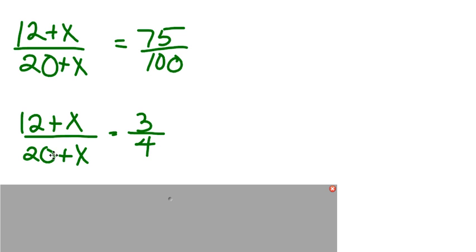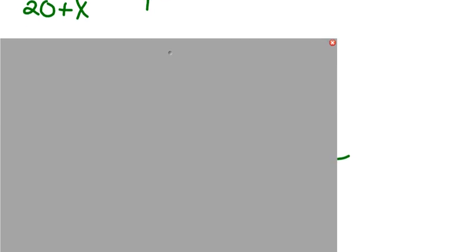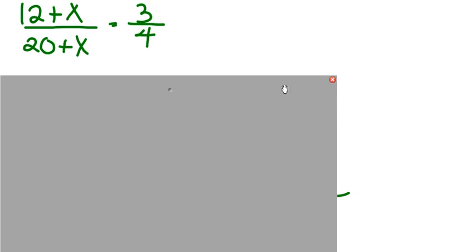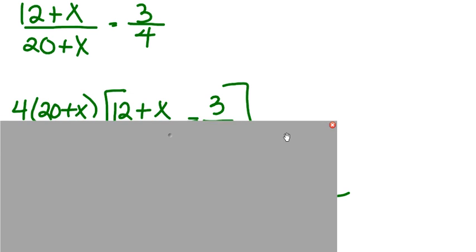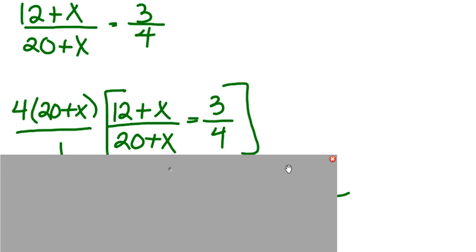So here we've got 20 plus x, if you want to think about it as x plus 20. That's in factored form, no other factors besides a greatest common factor of 1. And then 4 as well, that's already factored. So our lowest common denominator would be 4 times 20 plus x. Just like we did before, we'll multiply each side of the equation by 4 times 20 plus x. And again, remember, we multiply fractions across.